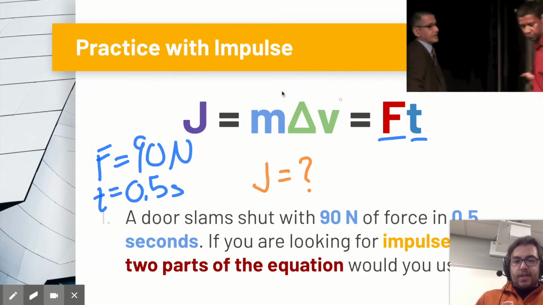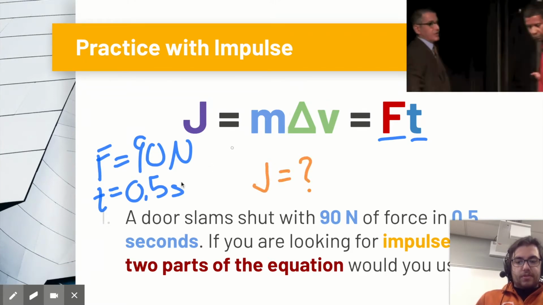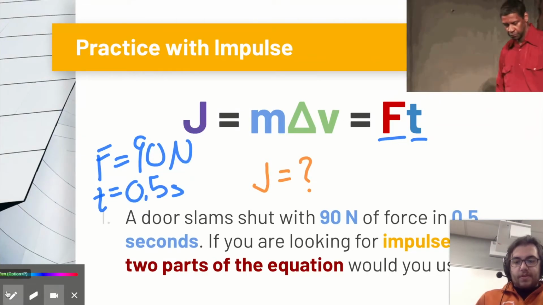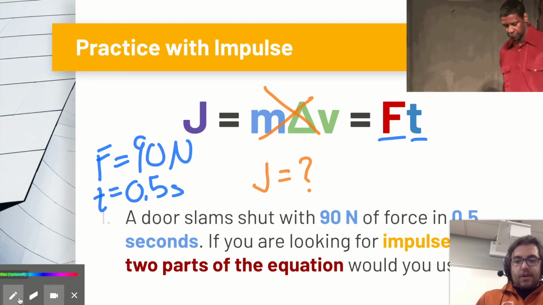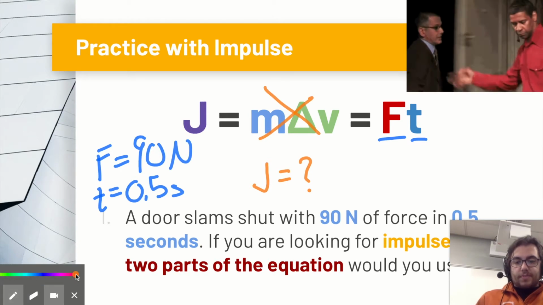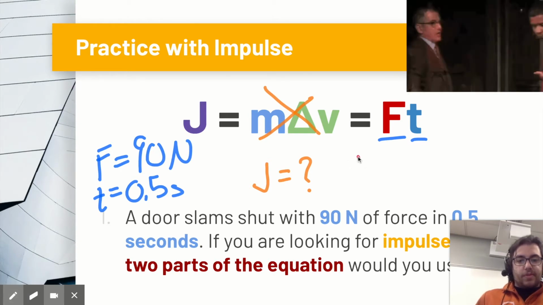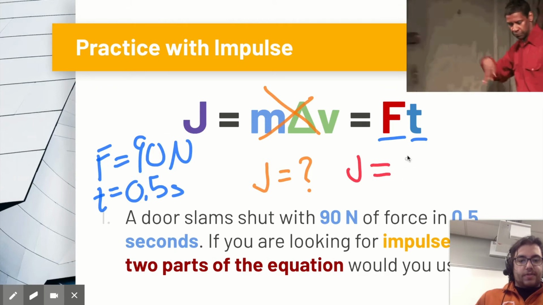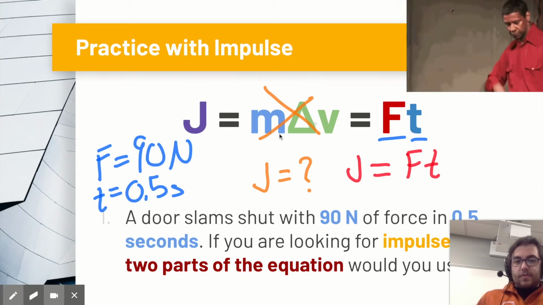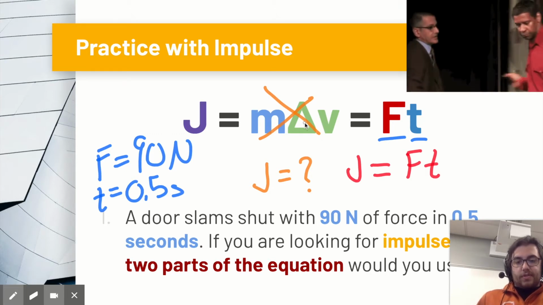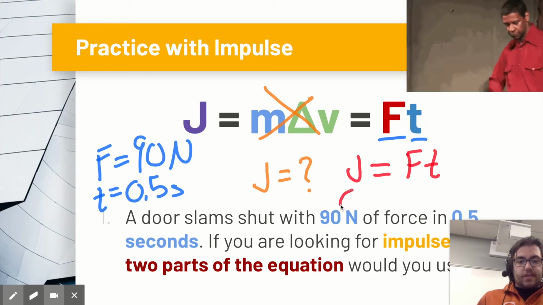So do we really need this portion in the middle? No, right? So instead, we can block this portion out and only use the equation that is necessary for this problem, which will be J is equal to F times t. Since we weren't given mass or velocities, we're able to completely ignore that portion of the equation and just use these two parts.